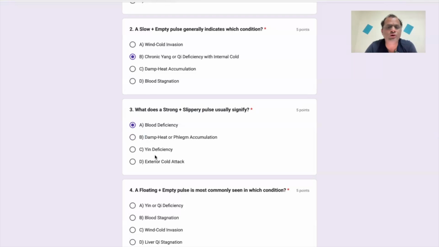Now, out of the 4 options, only one condition is telling dampness. Another is strong. Strong means a frog is jumping. We are feeling the pulse very strong, which means heat, and slippery means damp heat. When we check the pulse, we will feel a very strong pulse that is pushing your finger away.